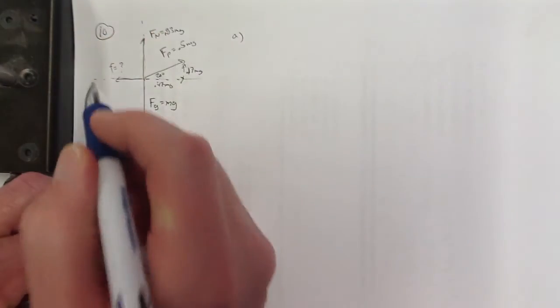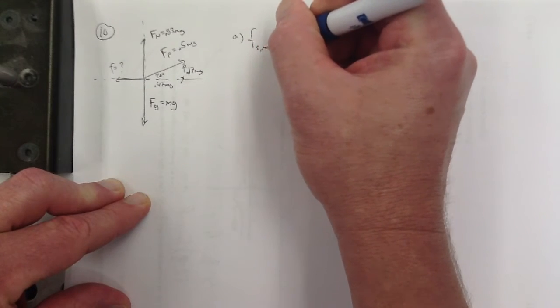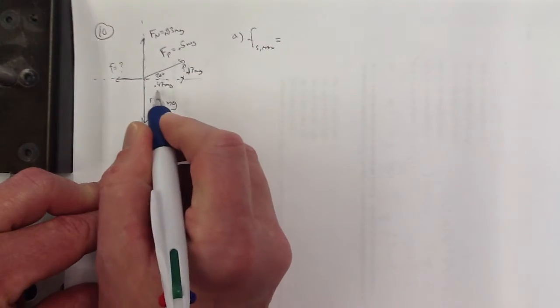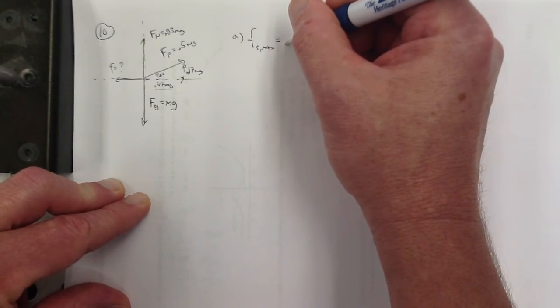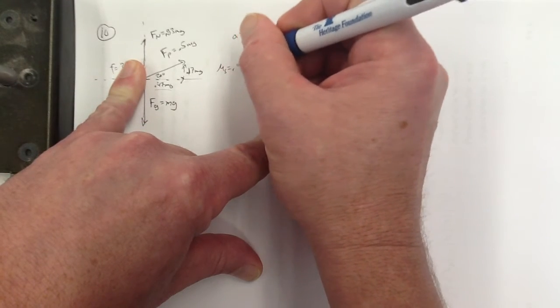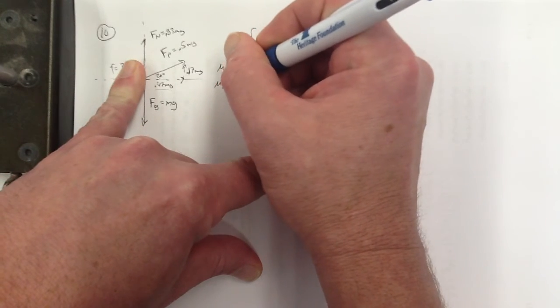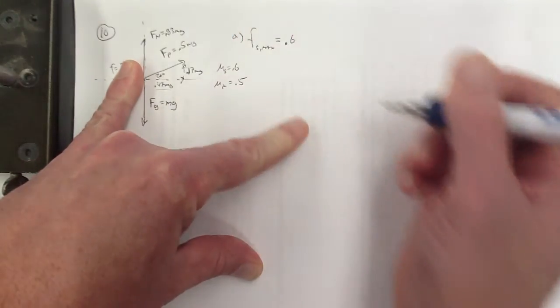Okay, so now the first thing we have to check is, is there enough static friction available? Is the maximum amount of static friction going to be enough to handle that? So let's see. How much static friction is there? In part A, I think the coefficients were 0.6 and some other number that's not going to end up mattering because we're not going to use it.